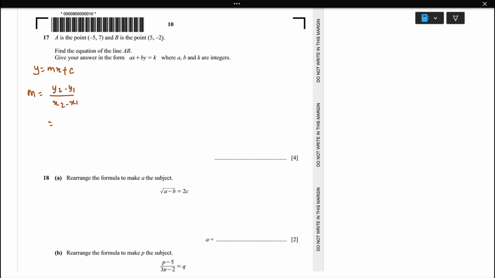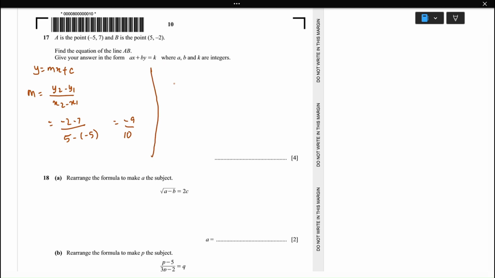So y2 here is negative 2, so negative 2 minus 7 over 5 minus negative 5, which is negative 9 over 10. This is our gradient. So we got the gradient.